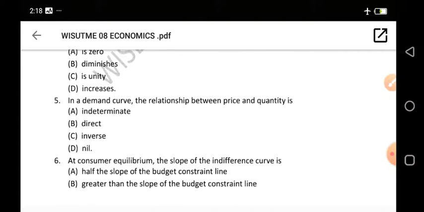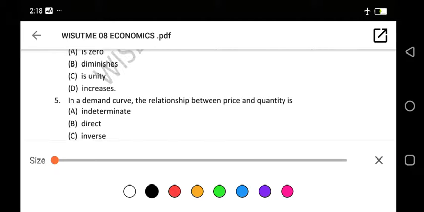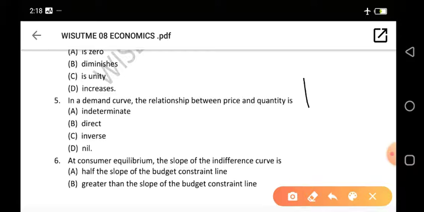In a demand curve, the relationship between price and quantity is. Now, if you remember, the law of demand states that when price is high, then quantity demanded according to the law is low.